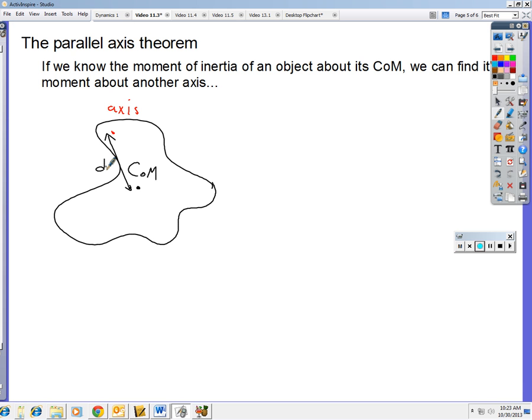Now let's say we know what the moment of inertia is about the center of mass. Inertia, not inertial.